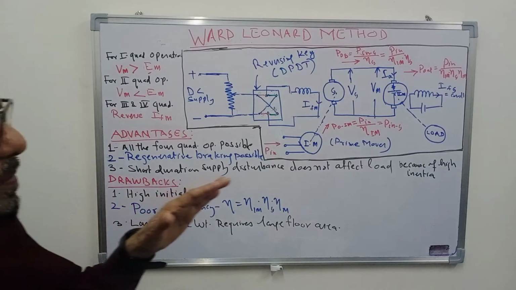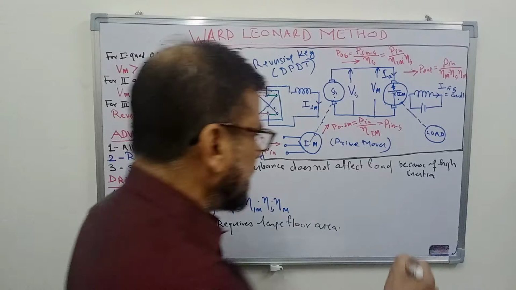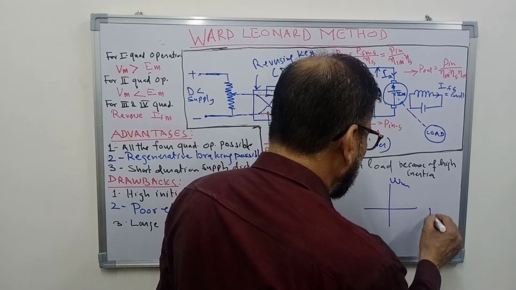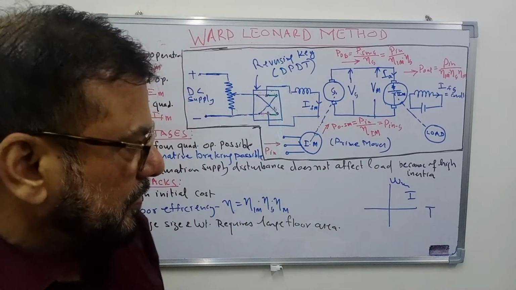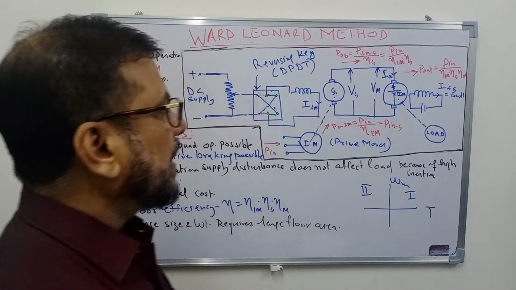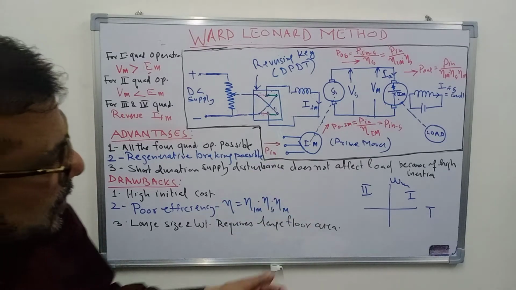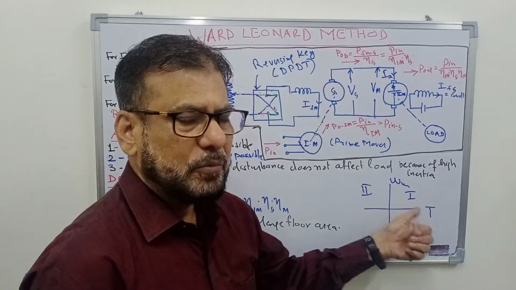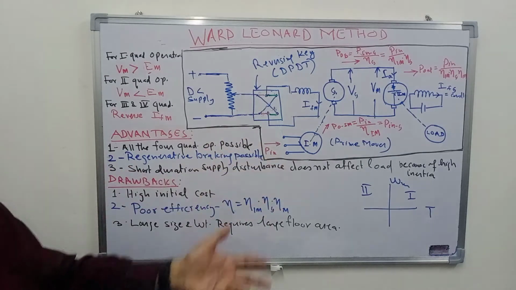If you recall the various quadrants of the speed torque plane, in the first quadrant speed is positive and torque is positive. In the second quadrant, speed is positive but torque is negative. If you want to go to the second quadrant, you have to reverse the production of torque by the motor. So it will be working in the generating mode.